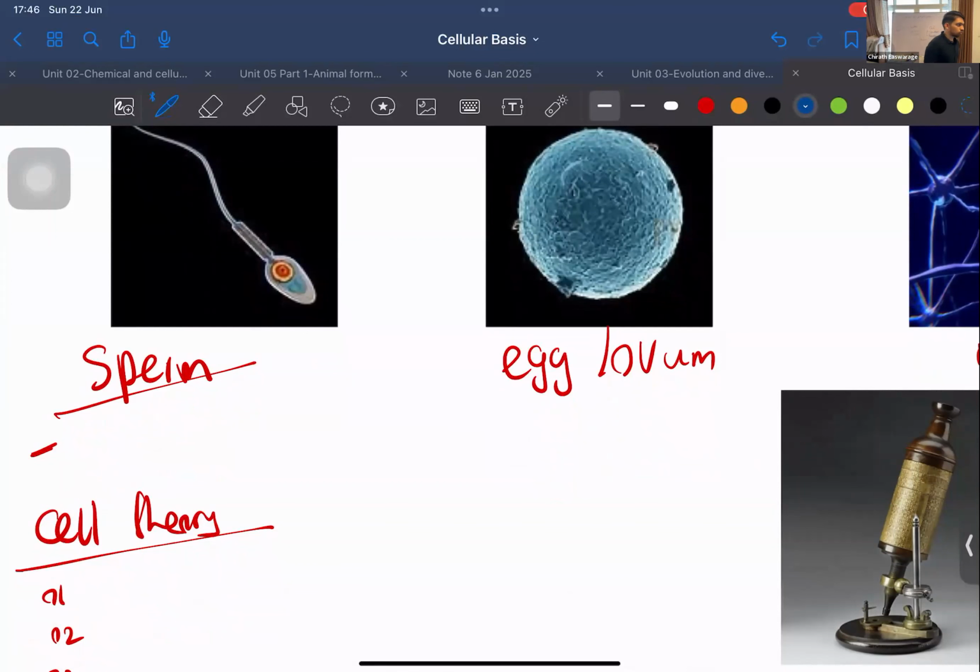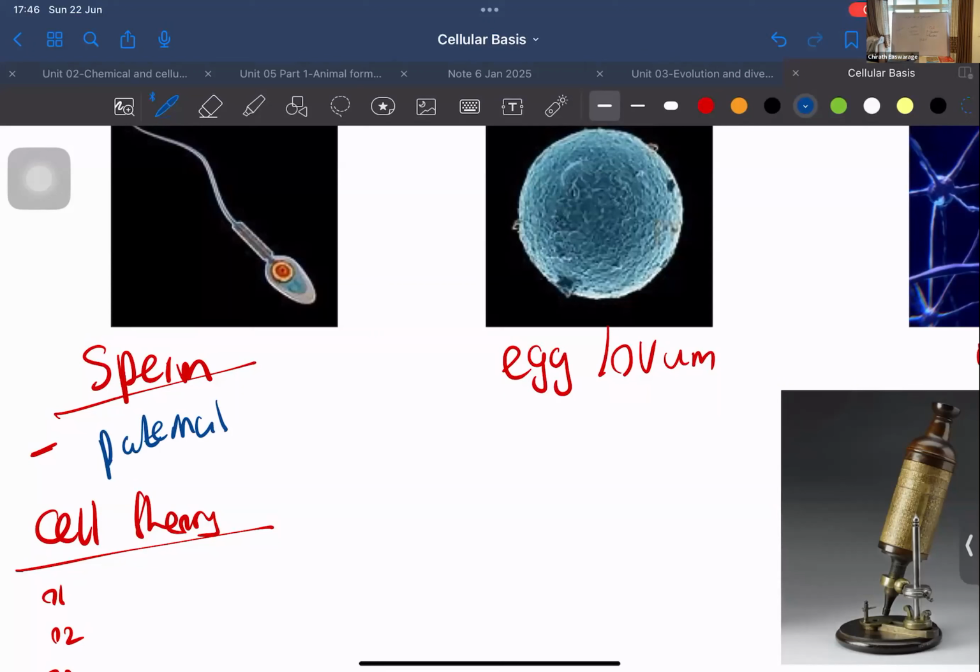Smallest cell in the human body contains paternal genetic information. What is paternal? That means your father's. Contains paternal genetic information.